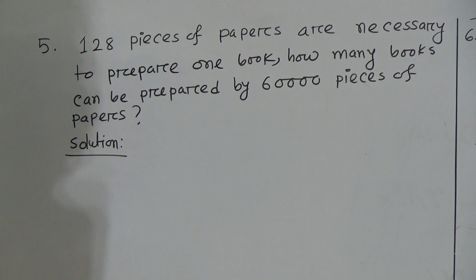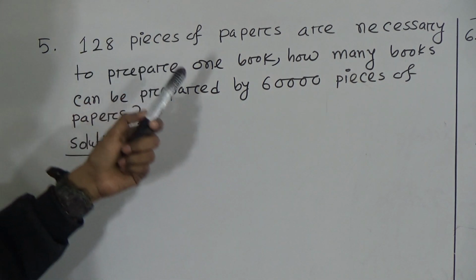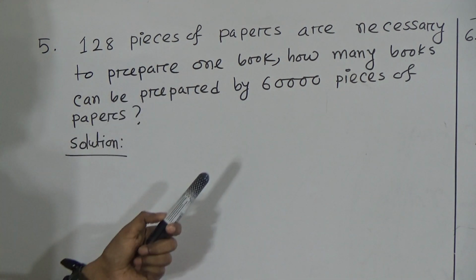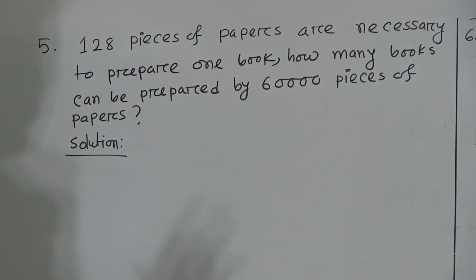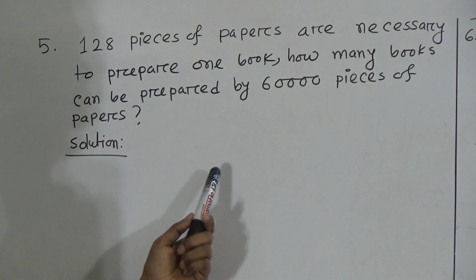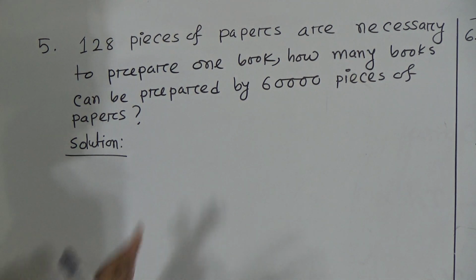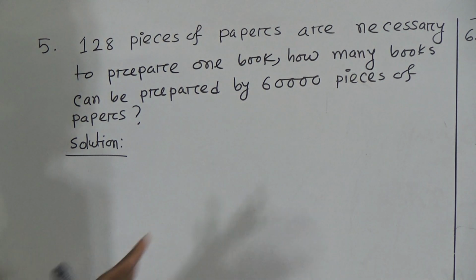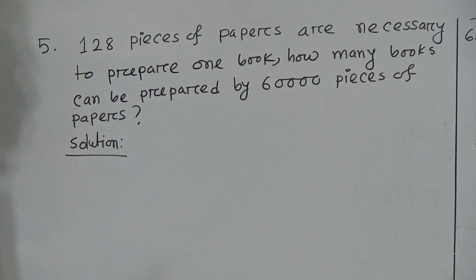To prepare one book we need 128 pieces of paper. So by using 60,000 pieces of paper, how many books can we prepare?